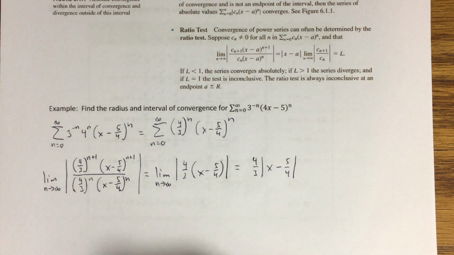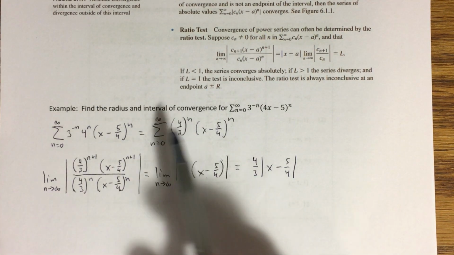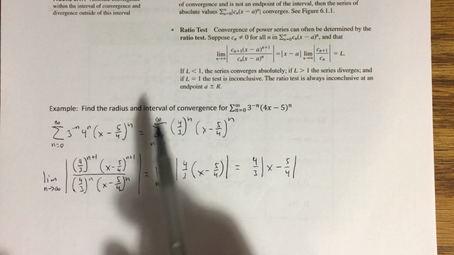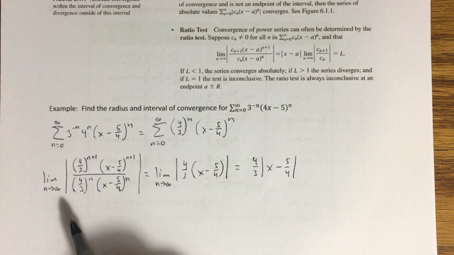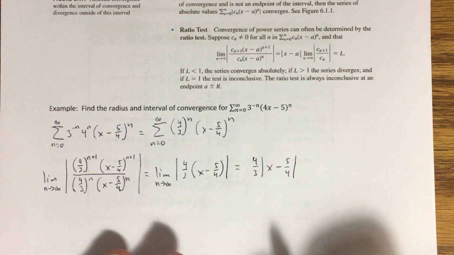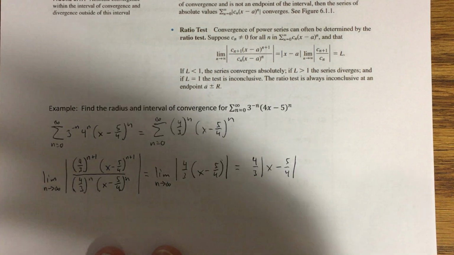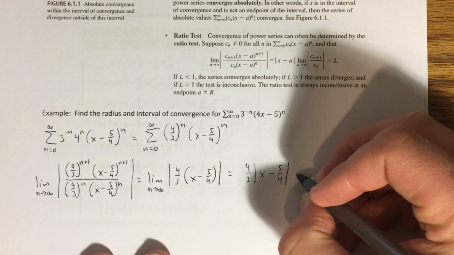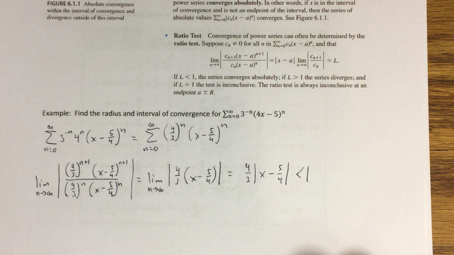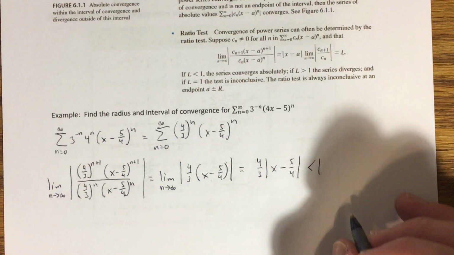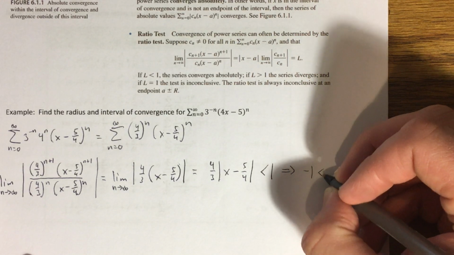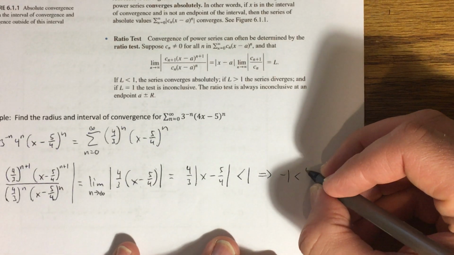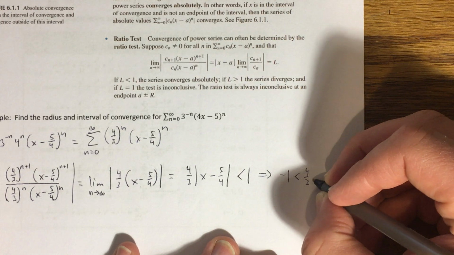Now, what is it that we actually want from this? Well, remember, we want to determine the interval of convergence, and that's going to mean that we want to determine all values of x for which the original power series converges. According to the ratio test, we're only guaranteed that that's going to happen if this is less than 1. But if that's less than 1, I can create a compound inequality out of this. It's the same thing as saying this.